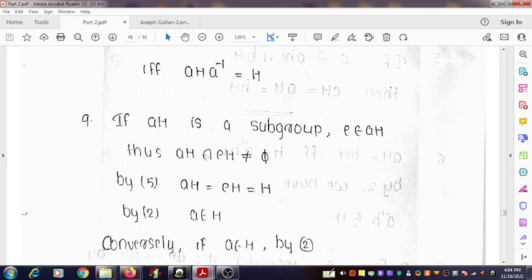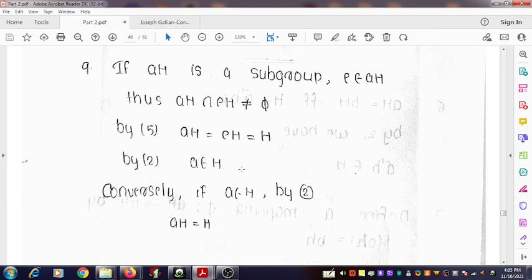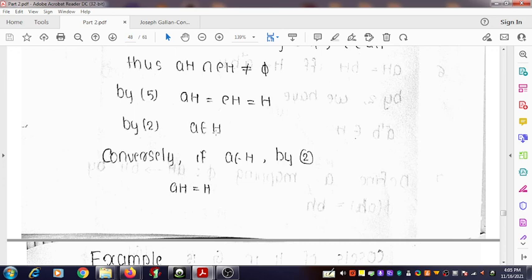If at least one element is common to two left cosets, the first left coset AH and the second left coset EH, then both left cosets are the same. So AH equals EH equals H. Since AH equals H, that means A is an element of H. So finally it reduces to A is an element of H.